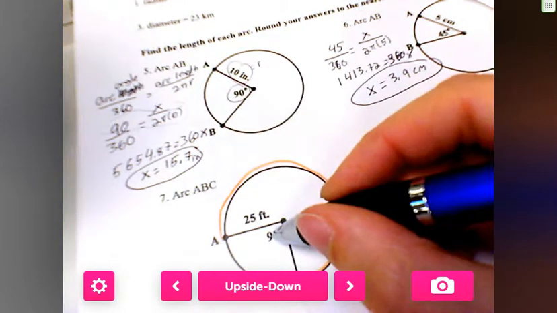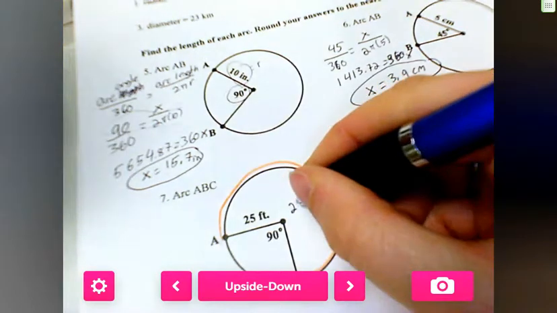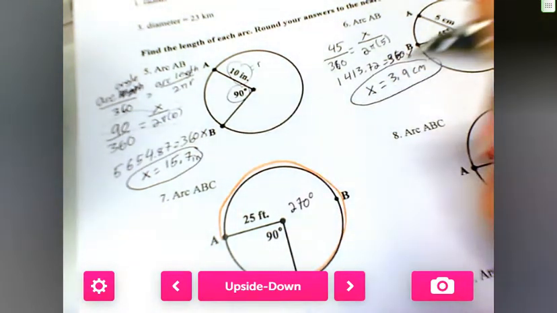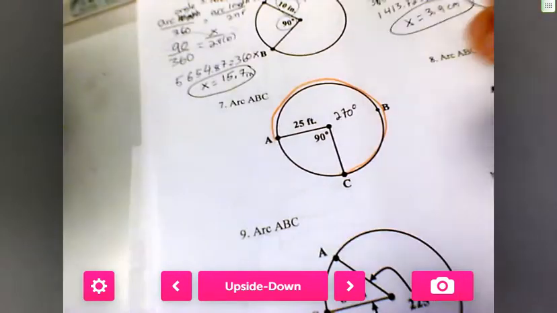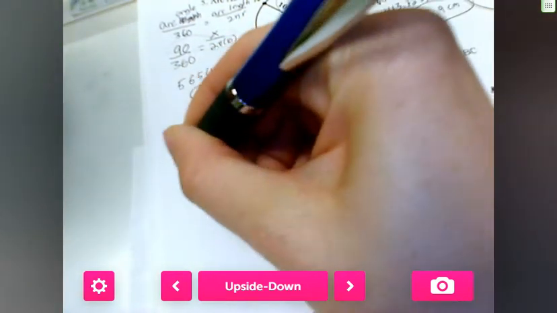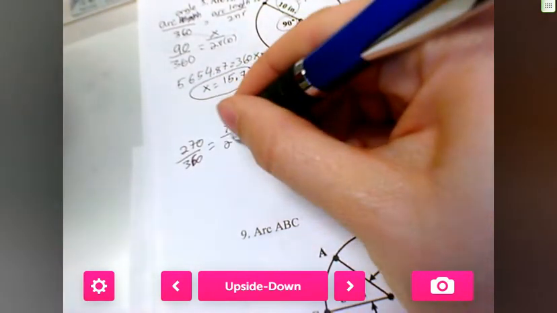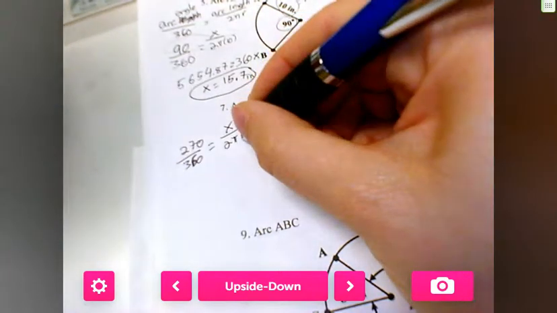So instead of using 90, I'm going to go 360 minus 90, which is going to give me 270. So that's the angle I'm going to use. So I'm going to go 270 over 360 equals x over 2 pi 25.